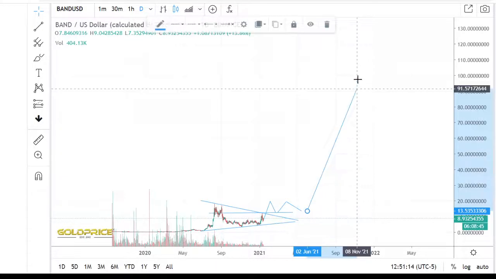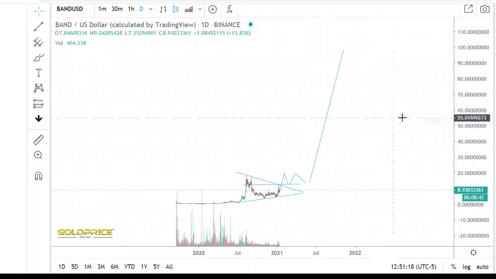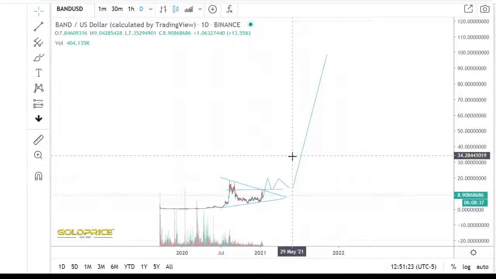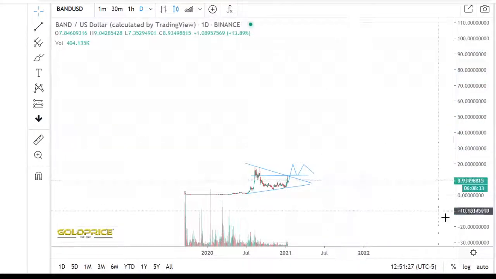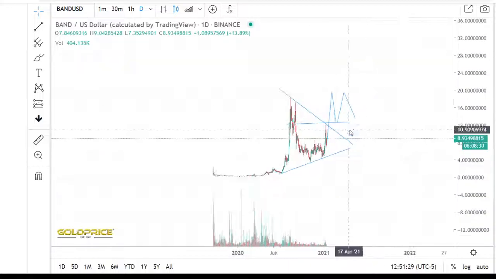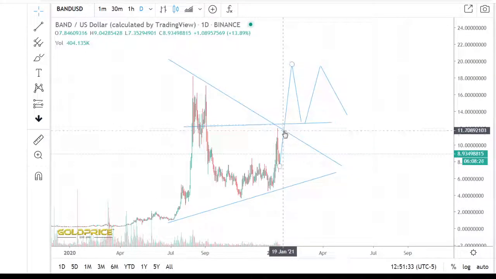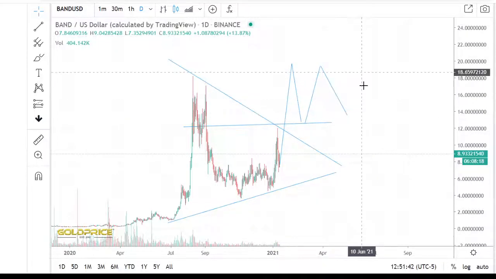I think $100 is okay for the first, and after that I think long term in direction of 200. But before we see moon prices, please look first that we reach this area here. Yeah, after we break this, and after we break $11, then we have to look at the price going to $20 and then make some moves, and then we look further.